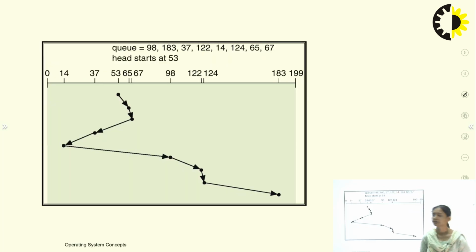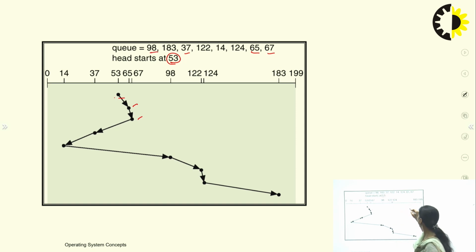So if we look over here, we have 53 as the head start, and then it will check for the closest value to 53. For that we have 65 and then 67. After 65 and 67, the next closest value, we'll find by difference, because we have 37 and 98.